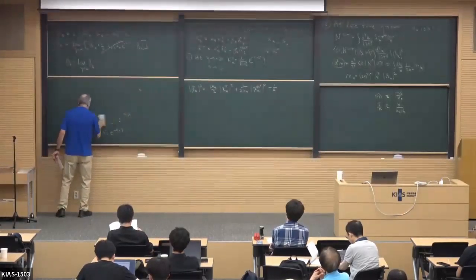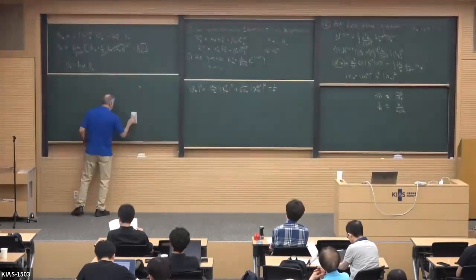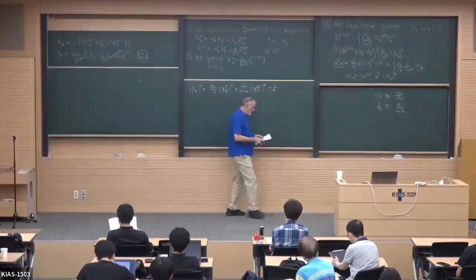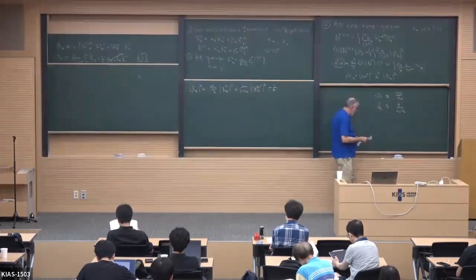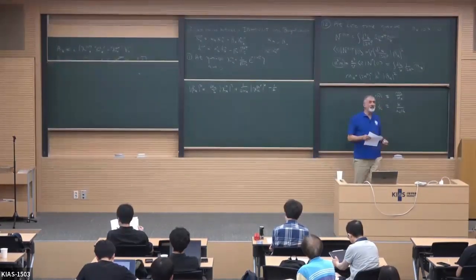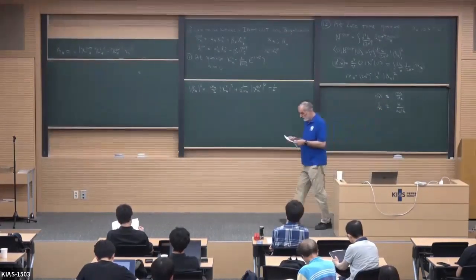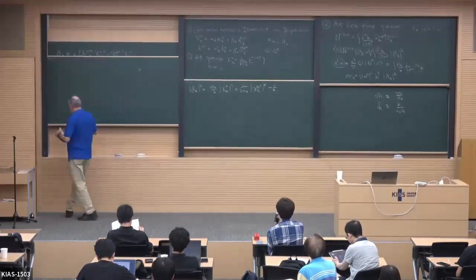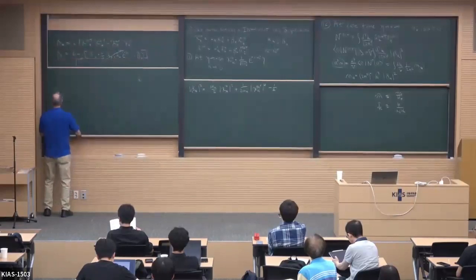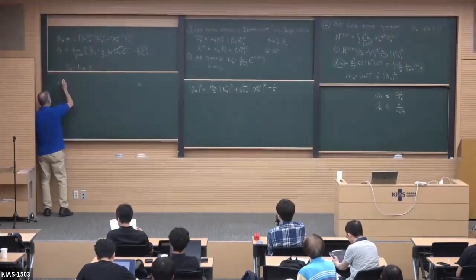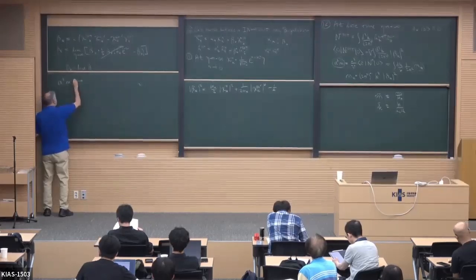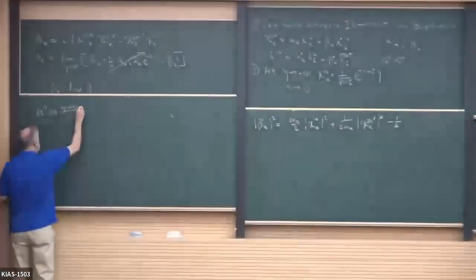Now, the final remark I'll make before we break is, when we talk about the number density of particles produced due to the expansion of the universe, what we're going to talk about is a cubed times n as eta goes to infinity.